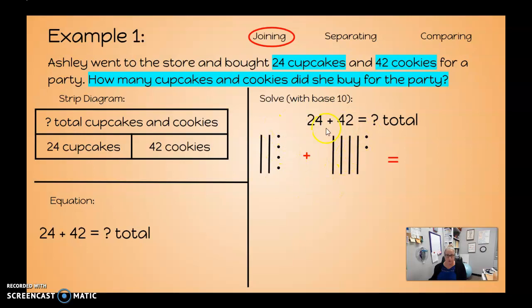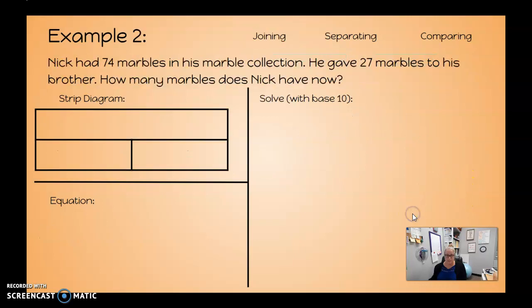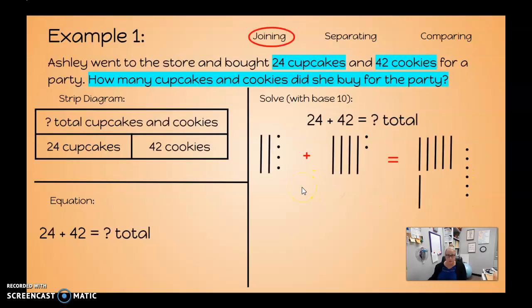Now I'm going to put all of these together to get my total. When I do, it's going to look like this. So I have 10, 20, 30, 40, 50, 60, 61, 62, 63, 64, 65, 66. That means that I have 66 cupcakes and cookies all together in total.